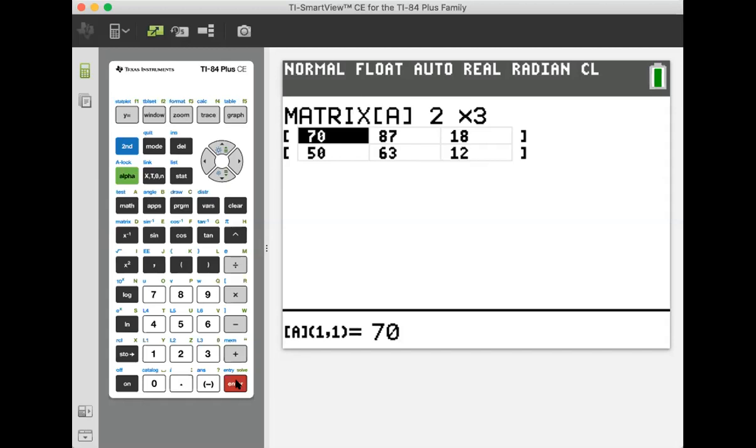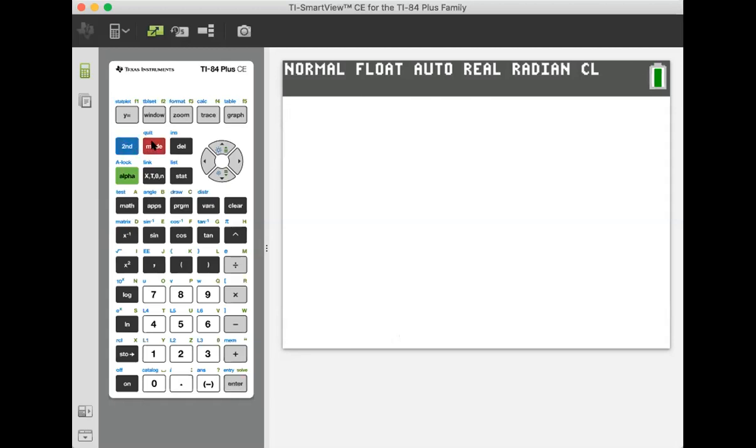And keep going that way, row by row, until you're done putting all the data into those 2 rows and 3 columns. And then you're going to get out of there. Second mode. Our matrix is set up. The data is in the calculator.